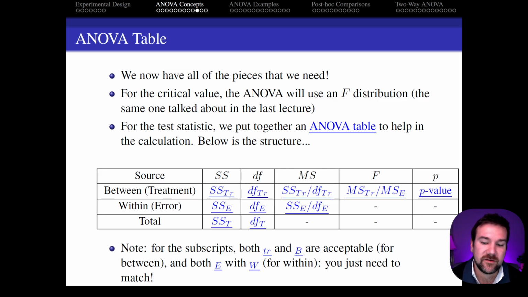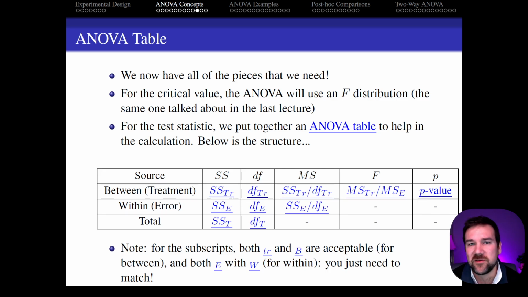The F distribution is just the ratio of the two variance terms, or the two mean squares. So I'll take the mean squares between divided by the mean squares within, or in this slide's notation, the mean squares treatment divided by the mean squared error. And that's my F statistic. We don't really calculate the mean squares total, or F for error or total, because the whole point is to calculate the test statistic to run the test.